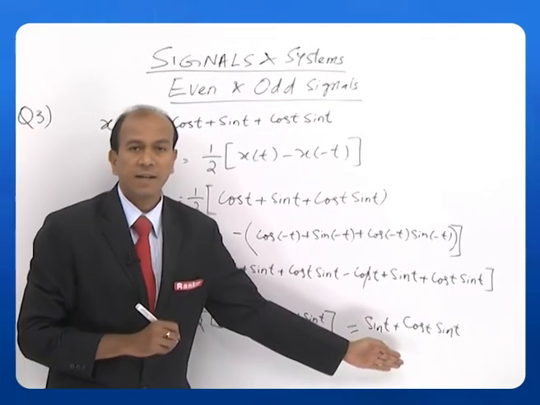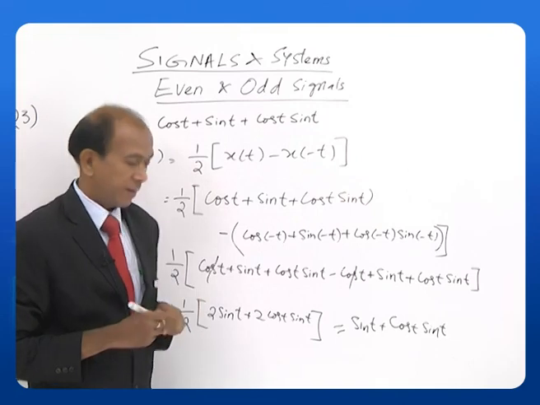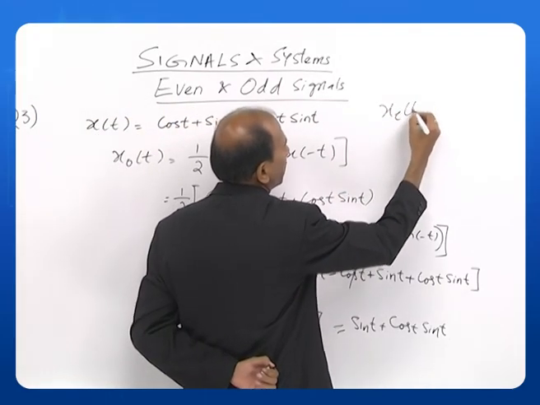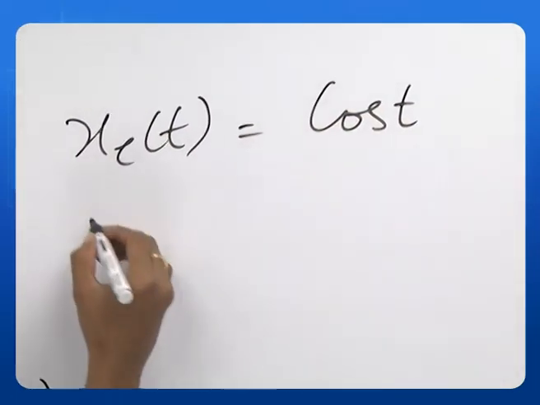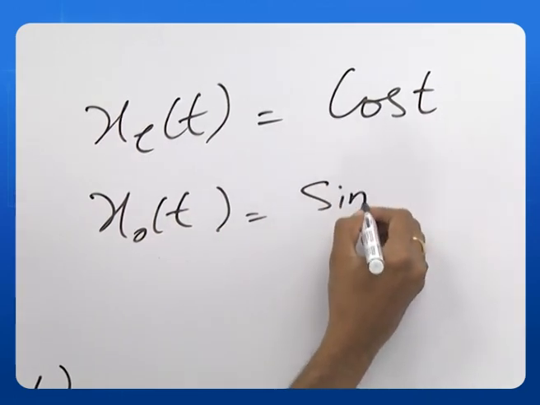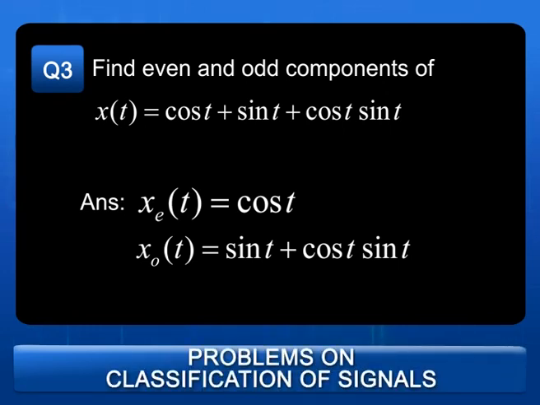So, this is our odd component. So, let us summarize them, let us write both of them together. So, what is xe of t we got? We got this as cos t, and then the odd component xo of t we got as sin t plus cos t sin t.